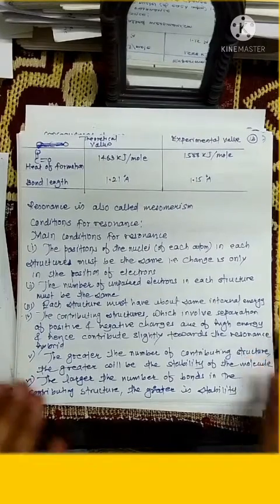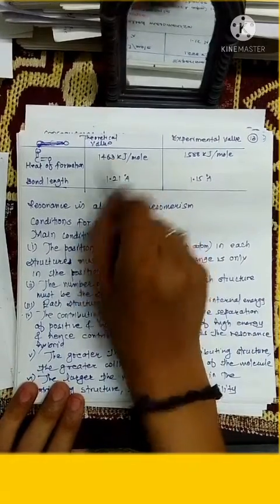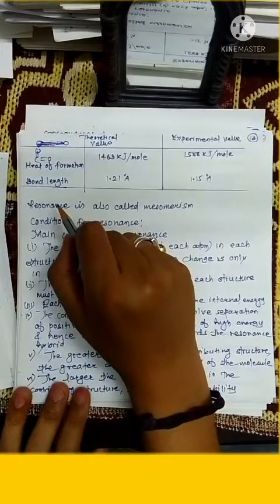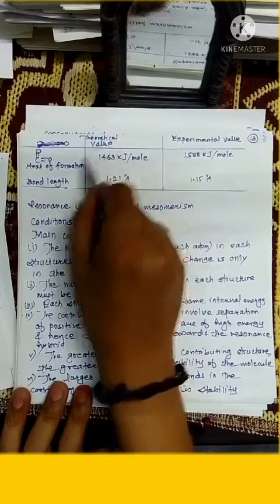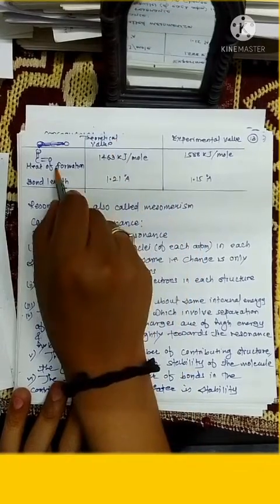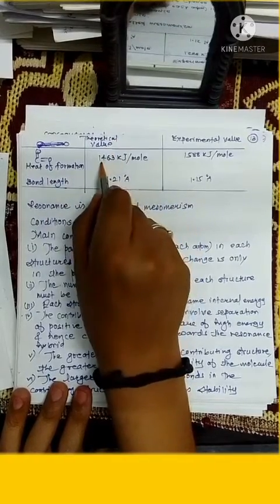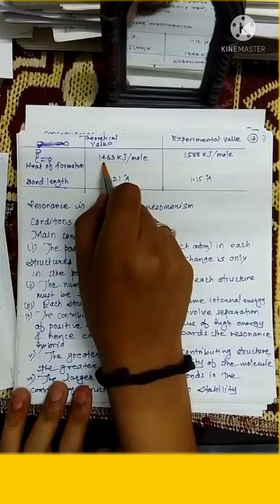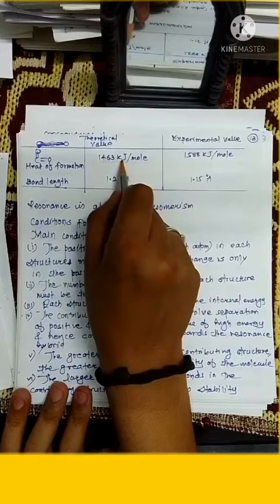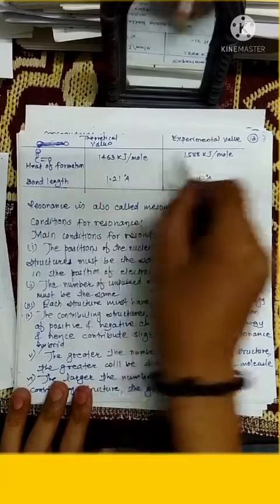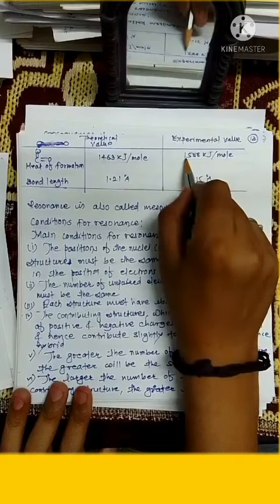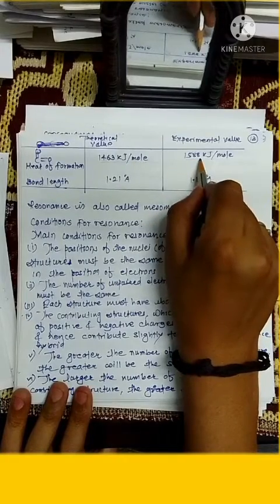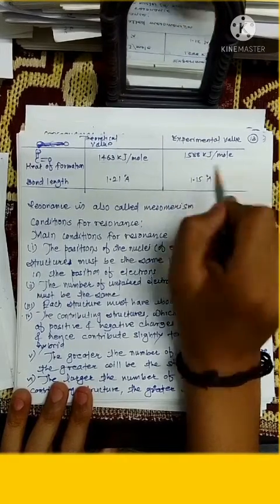Now just see this table. This table is very important. For CO2, the theoretical value for heat of formation, when it is calculated theoretically, comes as 1463 kilojoule per mole. But the experimental value shows that it is 1588 kilojoule per mole.